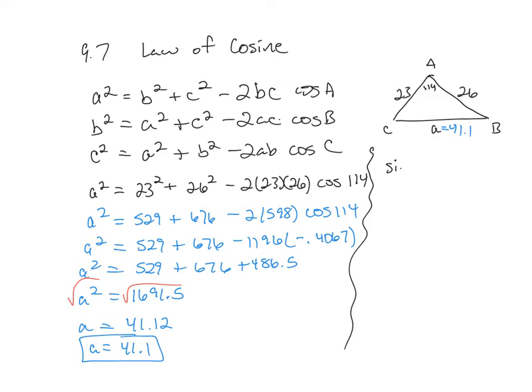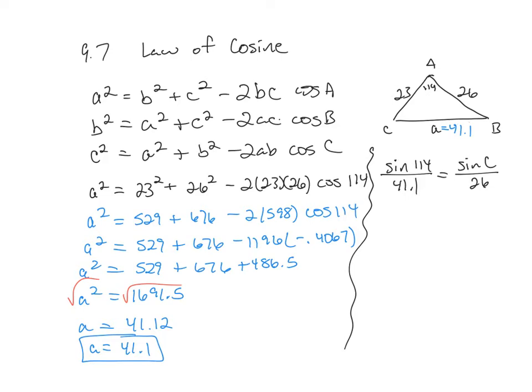So I have sine of 114 over 41.1, and then it doesn't matter, pick B or C, I'll do C. Sine of C over 26. So you got to pick the side across from that to make sure you're good.